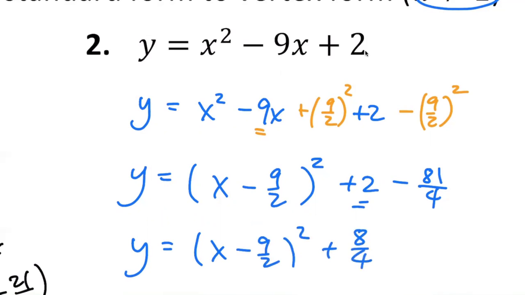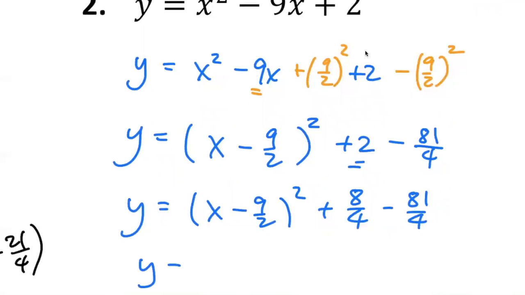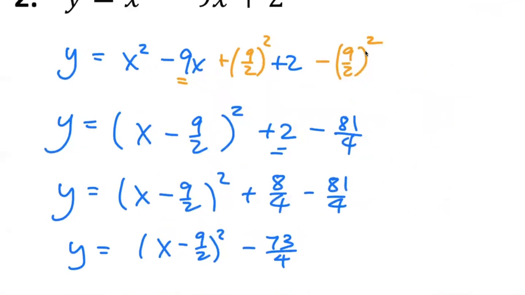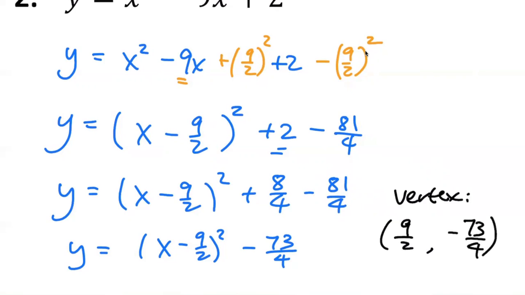So you do that, and your final vertex form is going to be minus 73 over 4. Yeah, so that's it. Again, if I want to push the envelope further, the vertex can be 9 over 2, comma, negative 73 over 4.